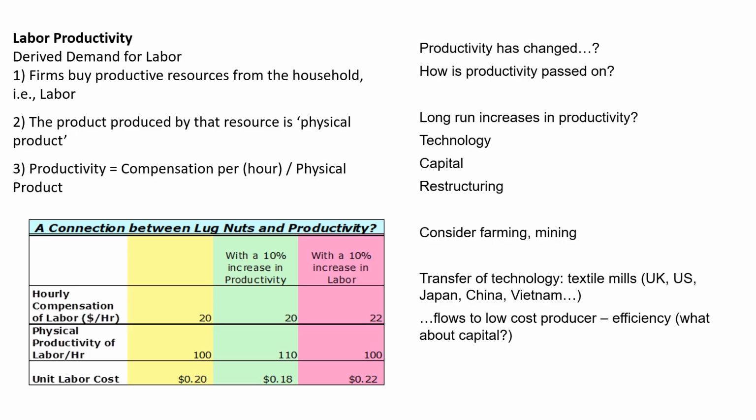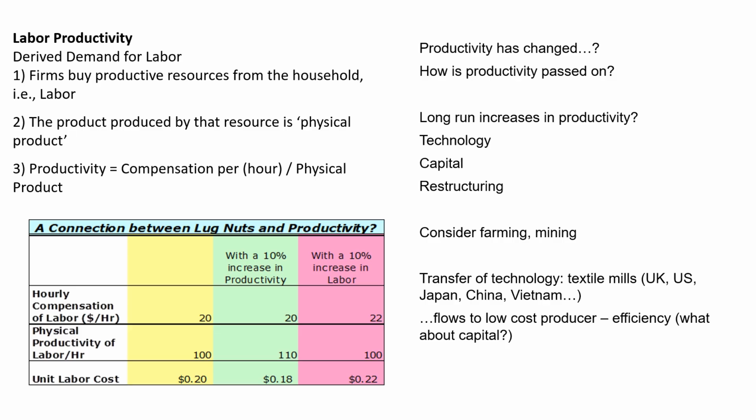So the unit labor cost goes up. If the cost of labor goes up, all else equal, and productivity stays the same, then your unit labor cost is going to go up. Very simple, easy to understand, and yet very important to get your head wrapped around.